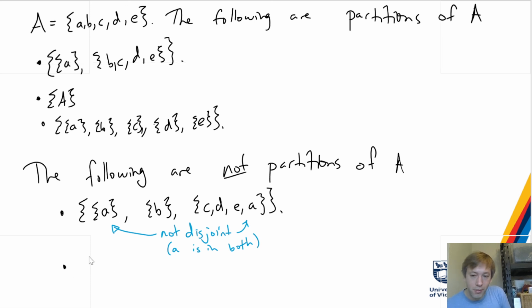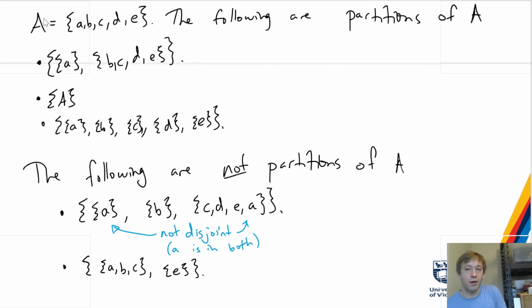Another non-partition is if I take, let's say, {A, B, C} and just the set {E}. Okay, and the reason this is not a partition is because the element D does not appear.